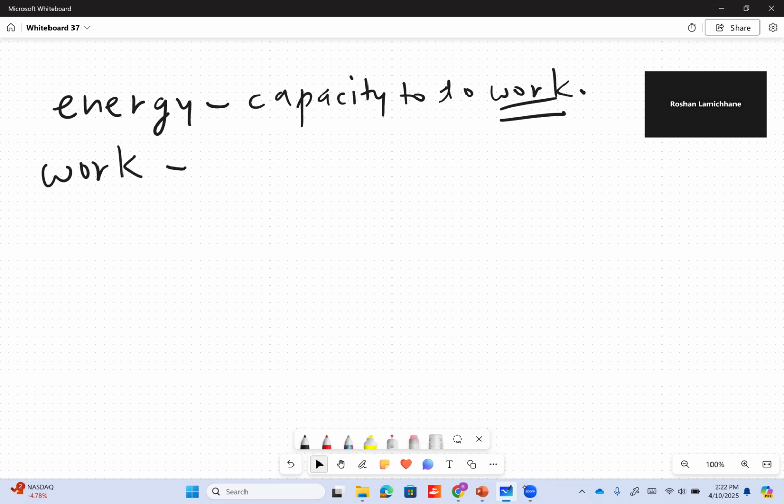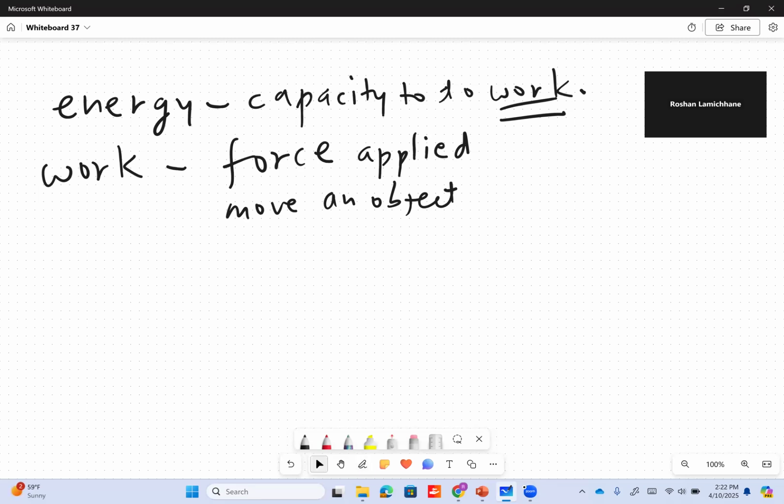So basically, if you apply a force, and if you move an object by some distance, we say work has been done. All right, so keep in mind that to do work, you need energy.